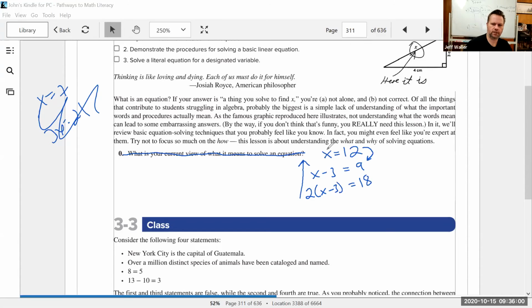Undoing what somebody did to this poor guy here. If I can get him by himself, I have no idea how to check that. Variables, I don't know. Getting away from the biology of variables. Whatever this thing is, if I can get it by itself, I can identify what it is. Because it will be a statement that says this is this. Okay, then I'll know what it is.